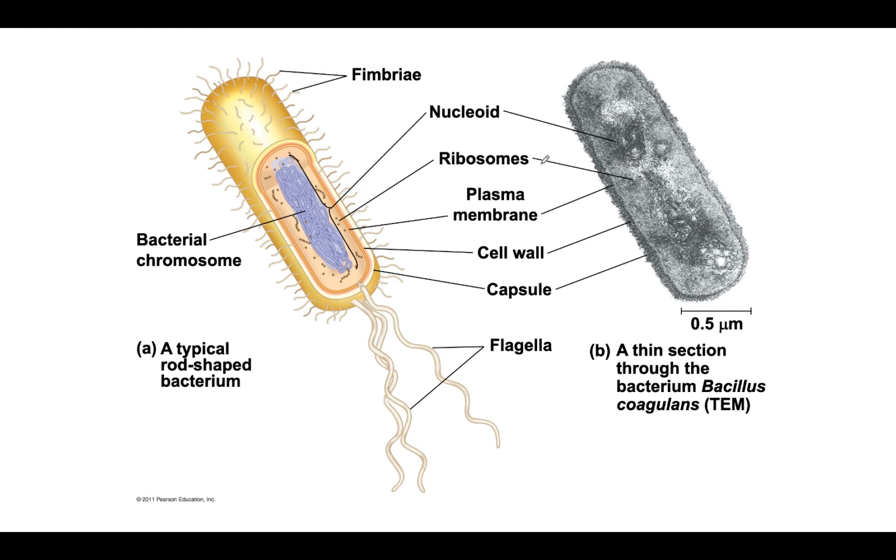Ribosome is the site where protein synthesis takes place. Even E. coli or bacteria need to produce protein. So bacteria have ribosomes in the cell, also a plasma membrane, the outer layer, and then a cell wall, a capsule, and a long tail. This is called flagella. As you see, a prokaryotic cell has a very simple structure.